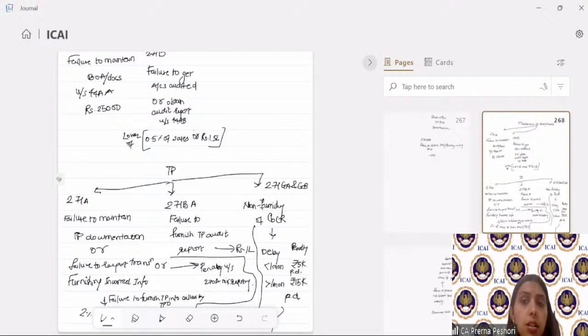So we have covered the penalties into different segments so that you can remember whenever you are revising. So we have done it for TDS, we have done it for compliance penalties, for documentation purposes, and for TP documentation also we have done it. Now balance are again some few compliance penalties which I'm going to talk about.